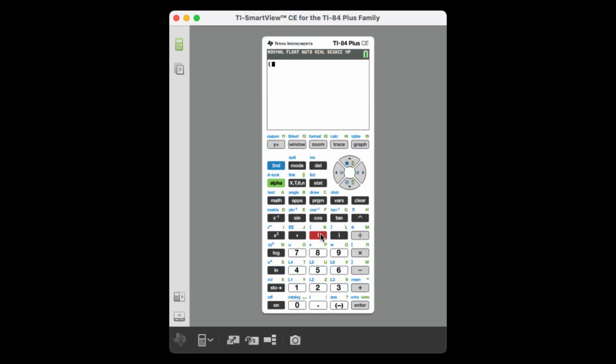We'll clear this out. Double parentheses again. 1 divided by parentheses 1 plus parentheses negative 0.8. Close that and square it. Plus 1 divided by parentheses 1 plus parentheses negative 0.4. Square that. Close your parentheses.